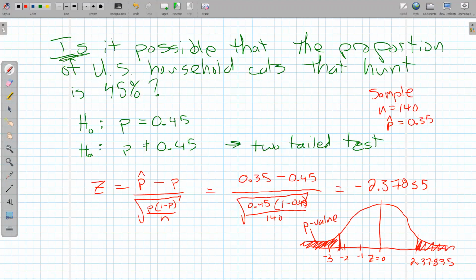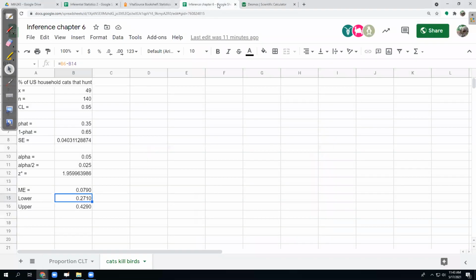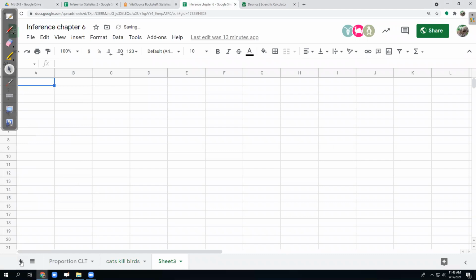And with the theoretical normal, you can just double that one. So the p-value is both of these. And so I am going to use the spreadsheet for that right now. I'll show you more about the spreadsheet for this next class. So this is hypothesis test proportion. And I'm just going to do a quick p-value here.